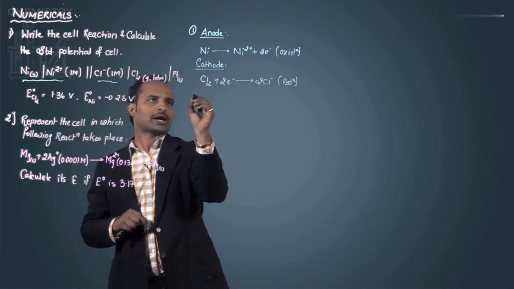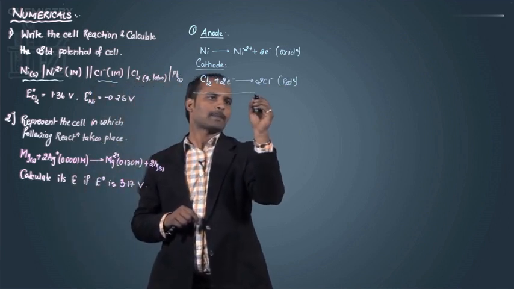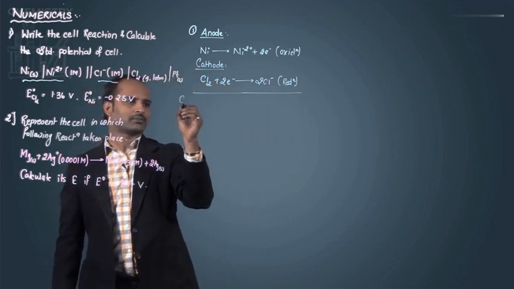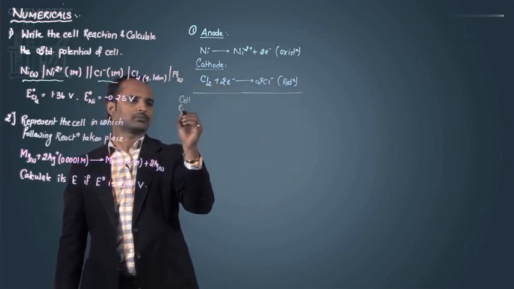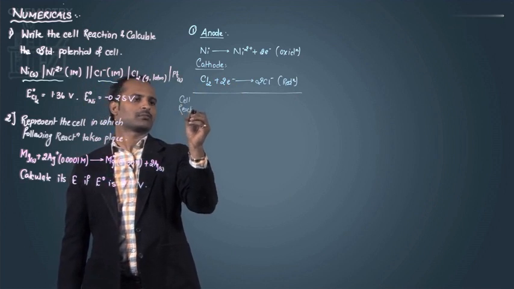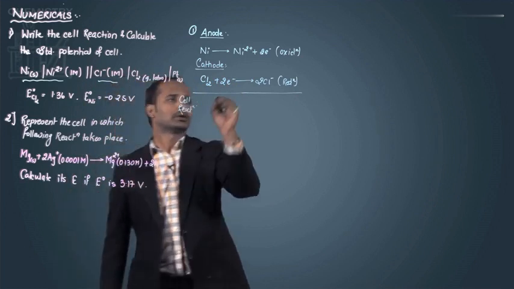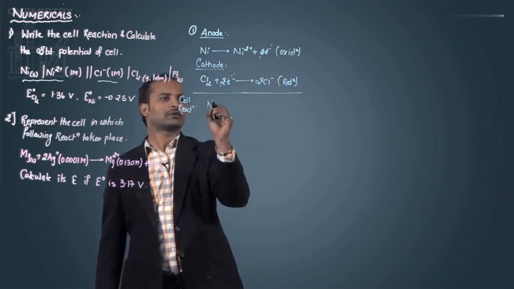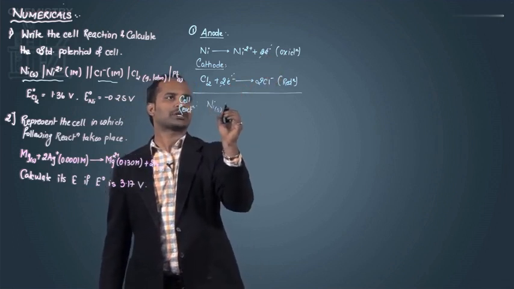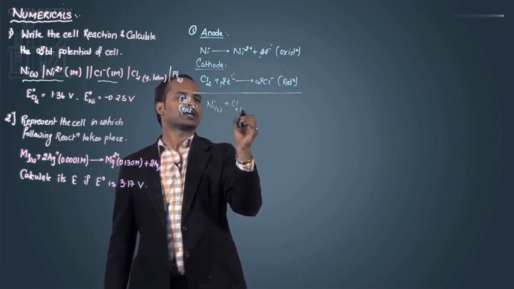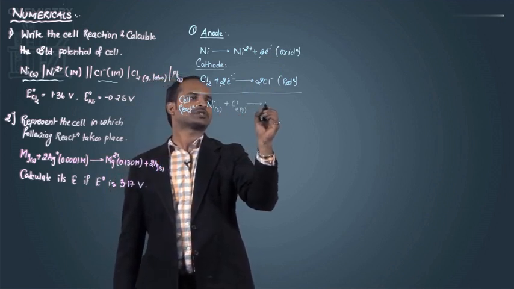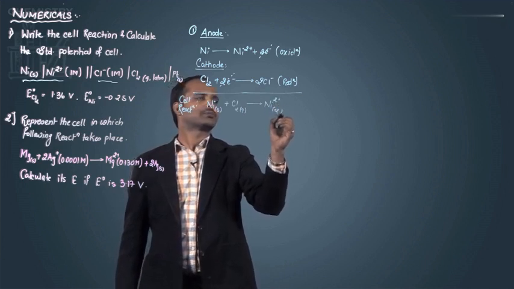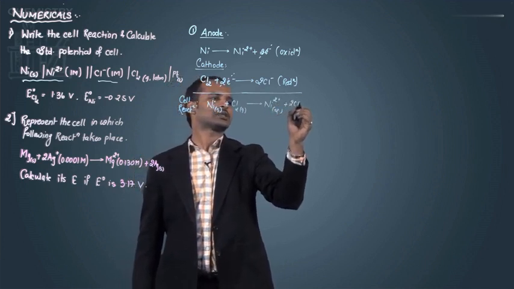Let us add both the reactions. When both reactions are added, we get the cell reaction. In the cell reaction, the electrons should get cancelled during the addition. So we have Ni, nickel, an electrode, so solid state, plus chlorine in gaseous state, which gives Ni2 plus in aqueous state, plus 2 Cl minus, again in aqueous state.